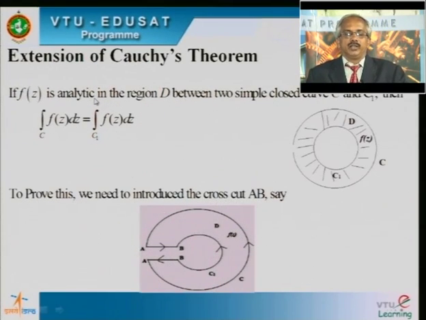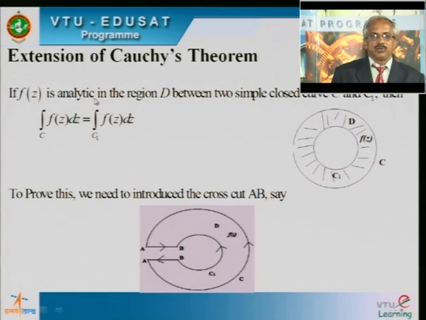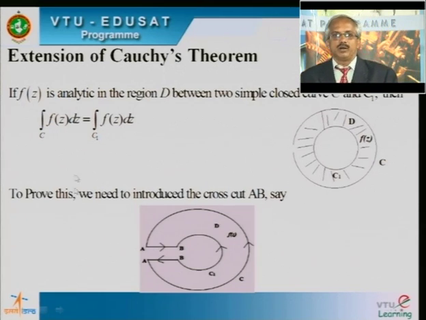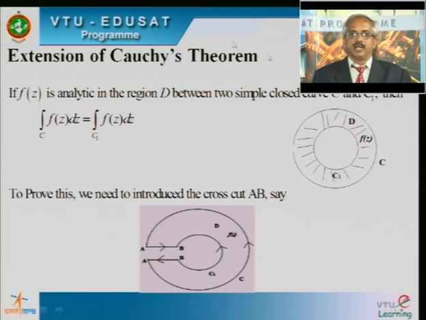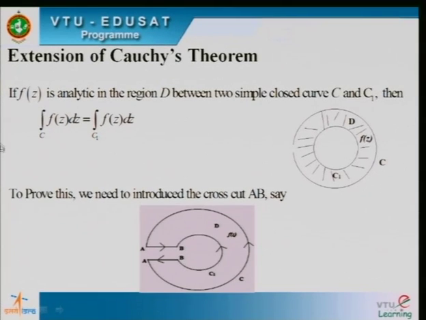This Cauchy's theorem has many applications in finding the integration of a complex function. The extension of this theorem is like this: if f of z is analytic in the region D between two simple closed curves C and C1, then the integration along the curve C of f of z dz is always equal to the integral along the curve C1 of f of z dz.